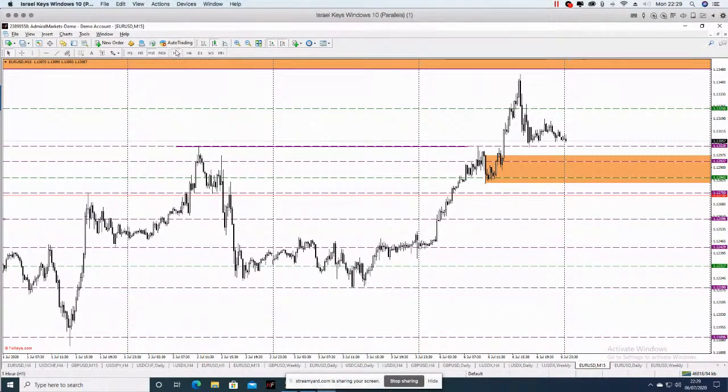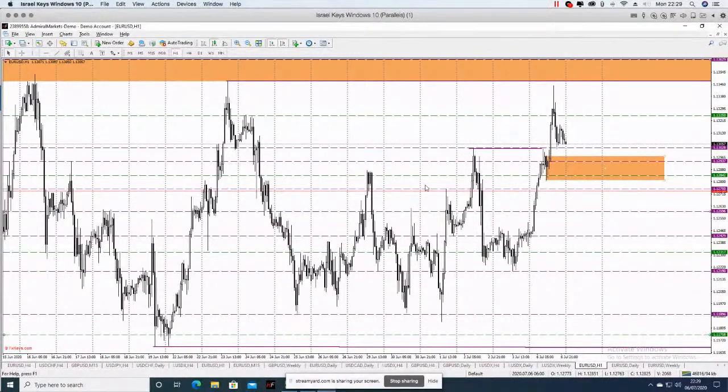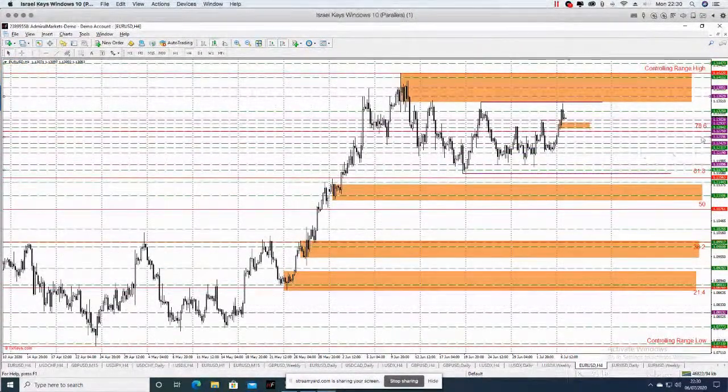Also, where the lines intersect with order blocks and Fibonacci levels, you start to see a powerful picture begin to form. So for instance, this is the 78.6 level there. There is a bunch of lines in that area.